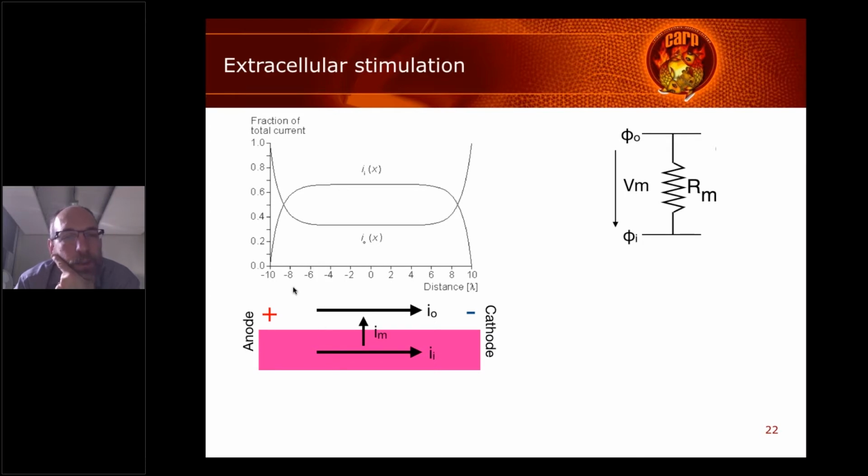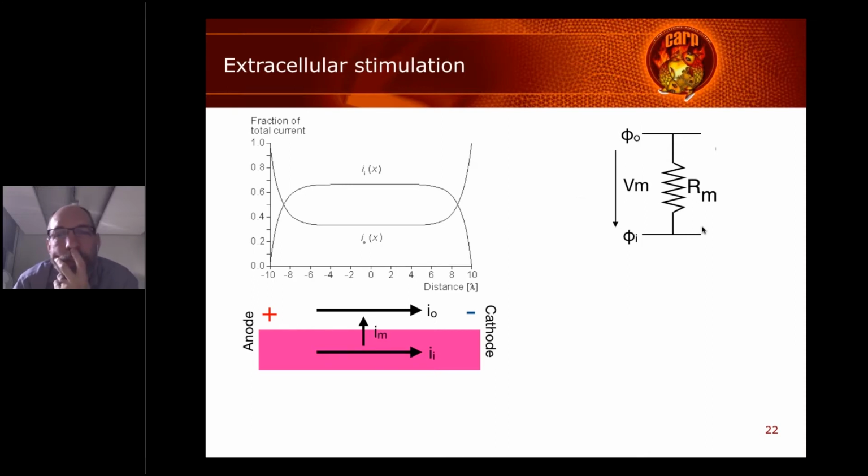So the current will flow from the outside through the membrane into the inside of the cell to produce this component called Ii. And then when we get to the end, the current Ii leaves and goes down and becomes extracellular current, Io. And anytime that current crosses the membrane, it produces a voltage change.